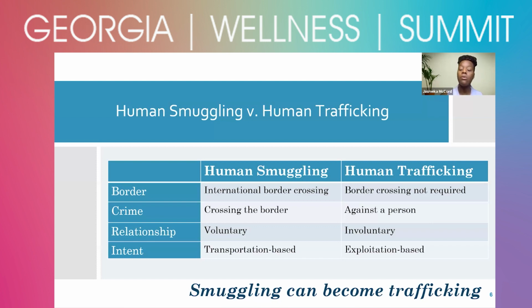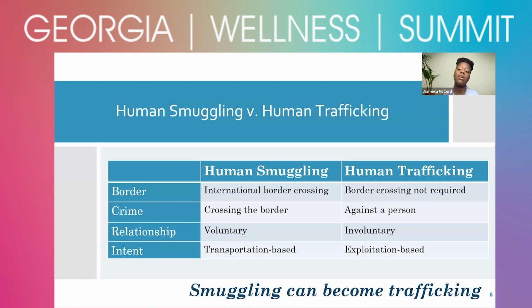We have different categories to help you discriminate between smuggling and human trafficking. In terms of a border, international border crossing is a requirement for smuggling. However, it can happen in human trafficking, but is not a requirement. The crime in smuggling would be crossing the border, so it's a crime against the laws of that country or state that the person being smuggled is committing.